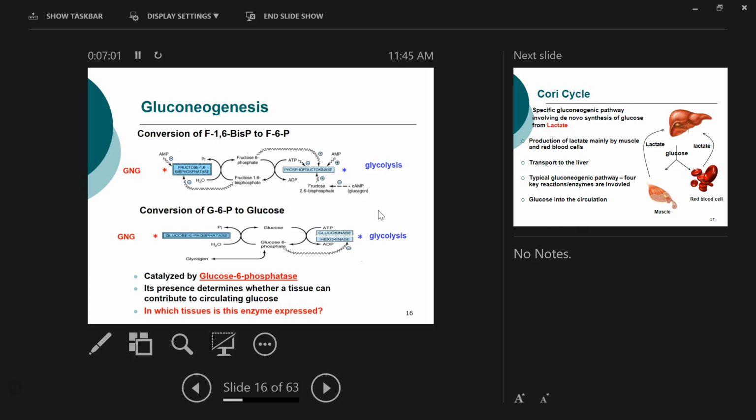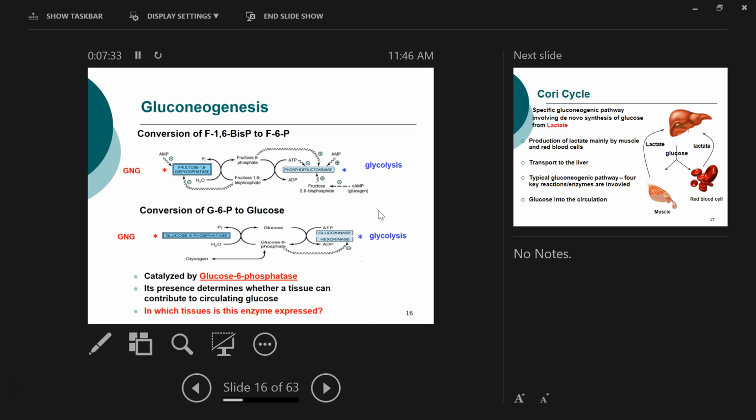And this is just some detailed reactions, fructose 6-phosphate to fructose 1,6-bisphosphate. This connects glycolysis and gluconeogenesis together to show you the two different sets of enzymes that catalyze the opposite reactions in opposite directions.